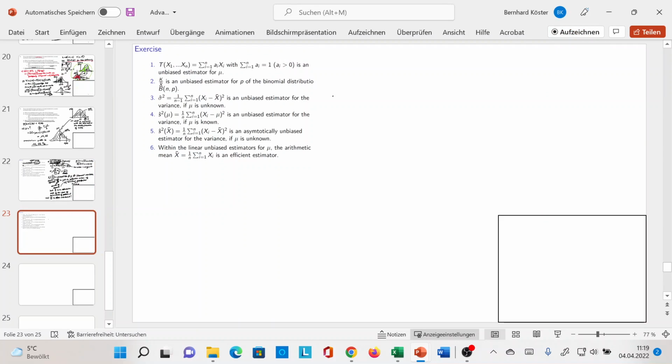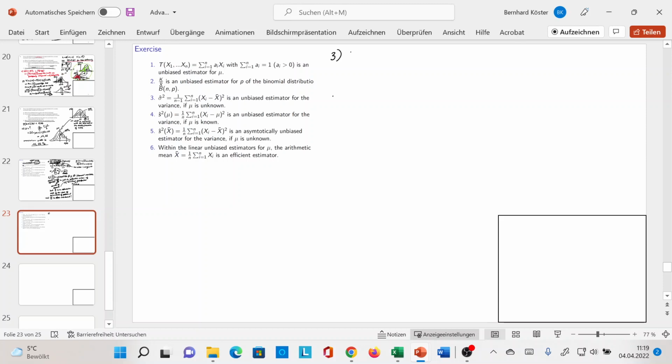And again, we just start with putting the question into our definition of what an unbiased estimator is.